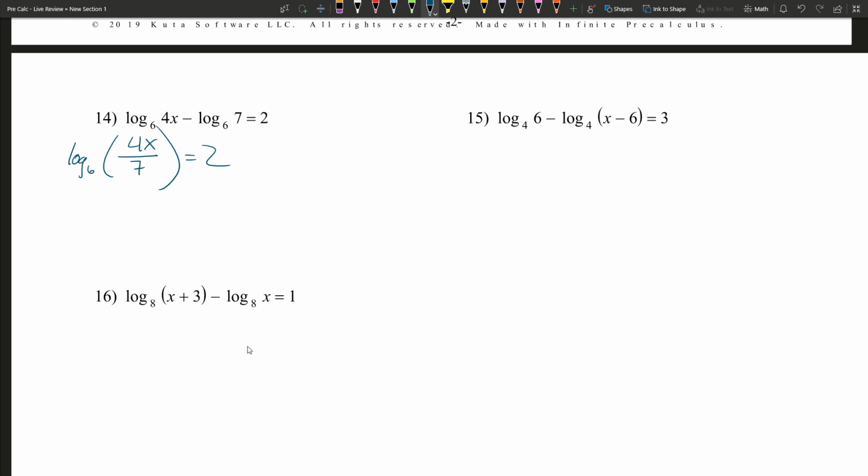So we're going to write that as 6 to the power of log base 6 of 4x divided by 7 is equal to 6 to the power of 2. Again, everything that we had in this first line becomes the exponent of 6 in the second line. The reason you do that is because the 6 and the log base 6 cancel.